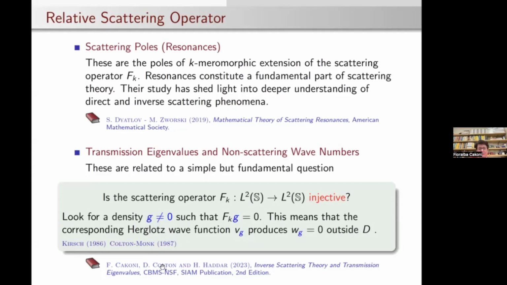not exclusive, but a comprehensive list of references we put in this monograph with Colton and Haddar, CBMS. It started thanks to Professor Atkinson, who organized a CBMS NSF conference in Arlington.